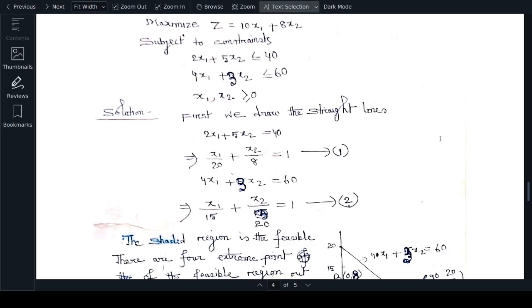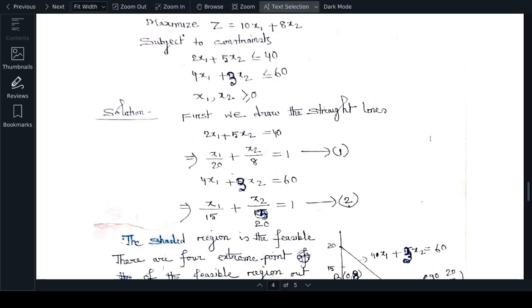Without making it x1 by 20 plus x2 by 8 equal to 1, you can directly solve. First, you substitute x1 equal to 0, we get the x2 value. Put x2 equal to 0, we get the x1 value from the first equation. The second equation will be the same: 4x1 plus 3x2 equal to 60.